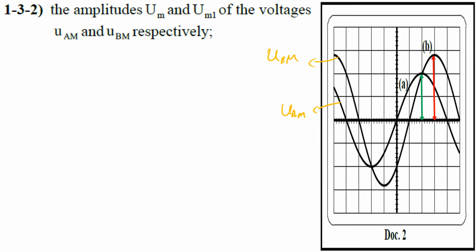To find the voltage UAM, let's start with UM. That is, UM is related to UAM, and I will use a different color to differentiate. We can say that UM1 relates to UBM.